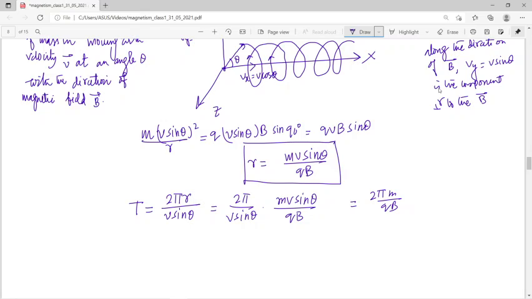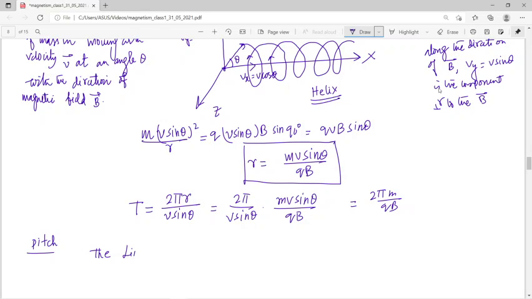And there is a concept which is called pitch. This is the helix structure, and you should be able to find the pitch, because questions may come asking you to find it. And what is pitch?